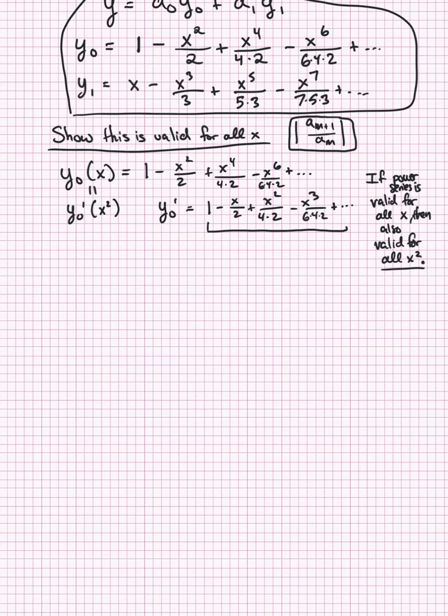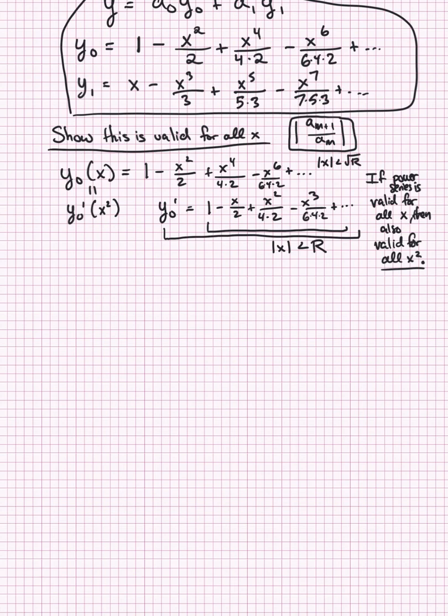Now, if the radius of convergence of y0 prime was finite, say it's only valid for x less than r, then y0 of x would be valid for x less than the square root of r.